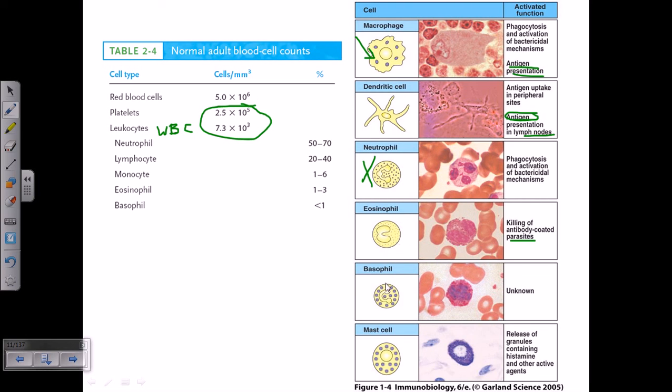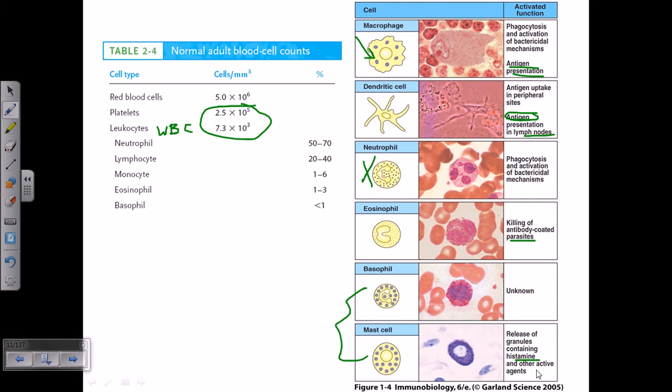And then the basophils are something which will be converted into mast cells. Actually, those are pretty similar. These basophils and mast cells release granular components which contain enzymes like histamine and other active agents.